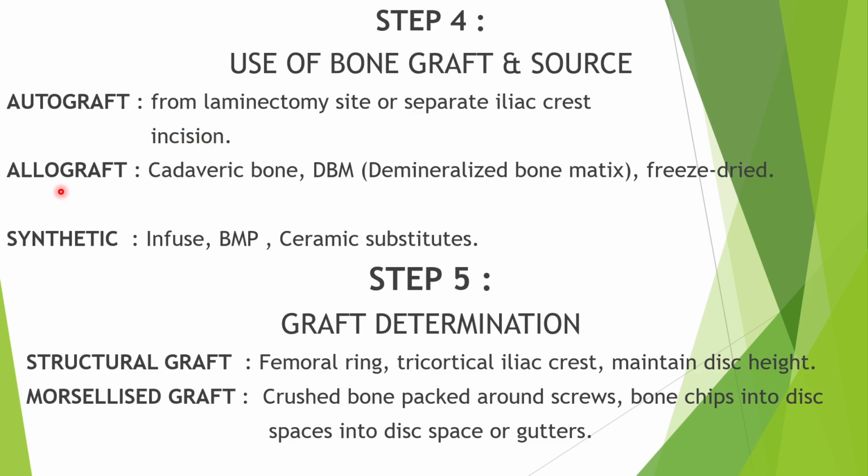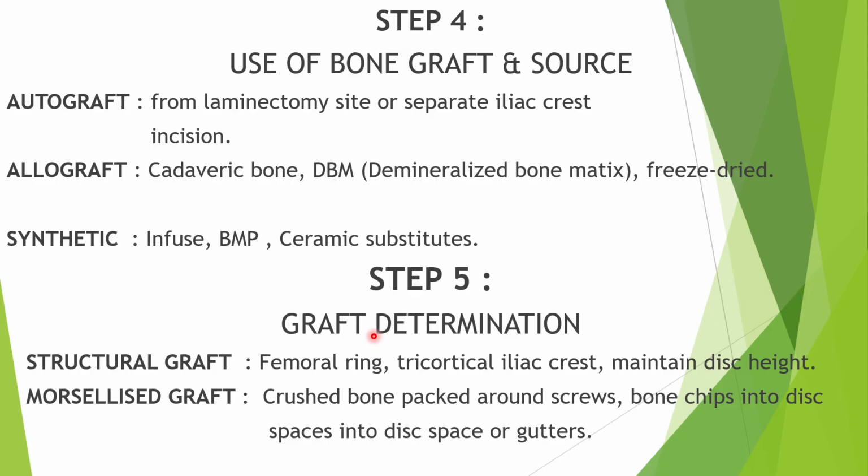Allograft is bone taken from a donor cadaver. DBM, demineralized bone matrix, or freeze-dried. And synthetic, which uses infuse BMP or a ceramic substitute. These were some terms used in the OP for the synthetic graft if it is used.